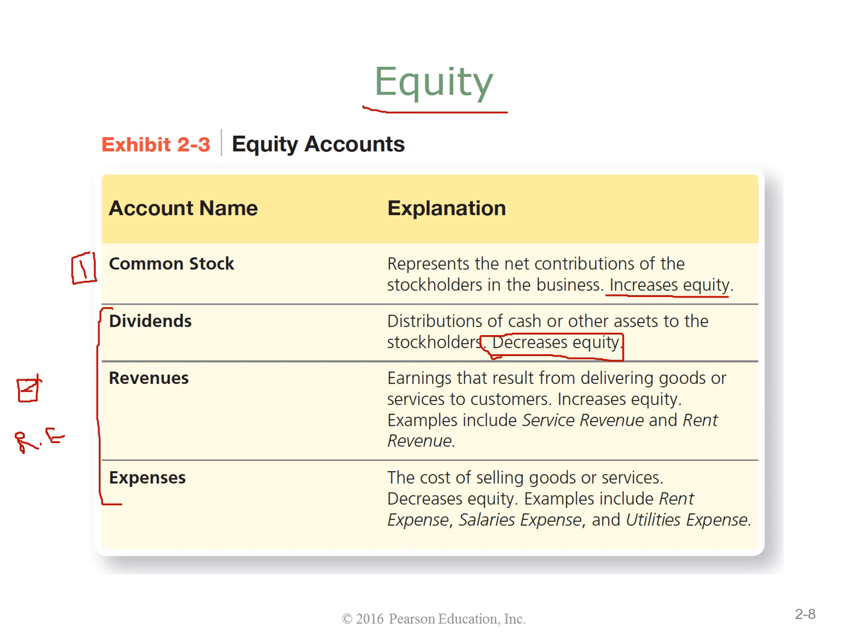Revenue is whatever we receive from delivering goods or services, and actually this is to increase equity. The expenses is the cost of selling goods or services, and it decreases equity. So actually here, any expense will decrease the equity, any revenue will increase the equity.